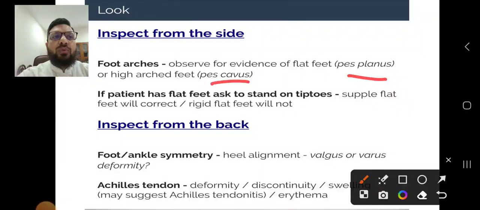If the patient has flat feet, ask the patient to walk on tiptoes, and you will see whether it is corrected or not. If it is corrected, it means it is a flexible one, and if it is not corrected, it means the patient has a rigid one.